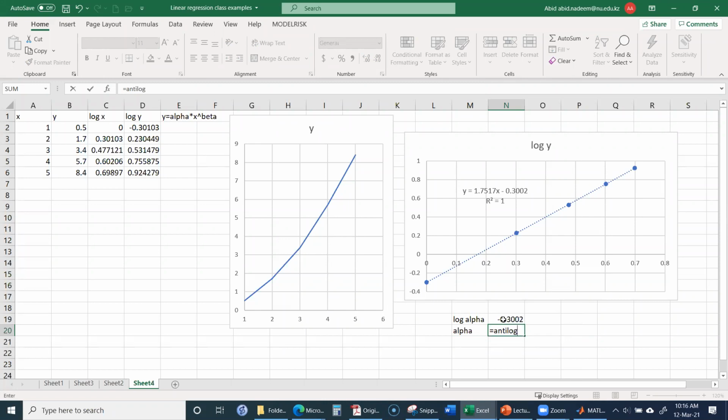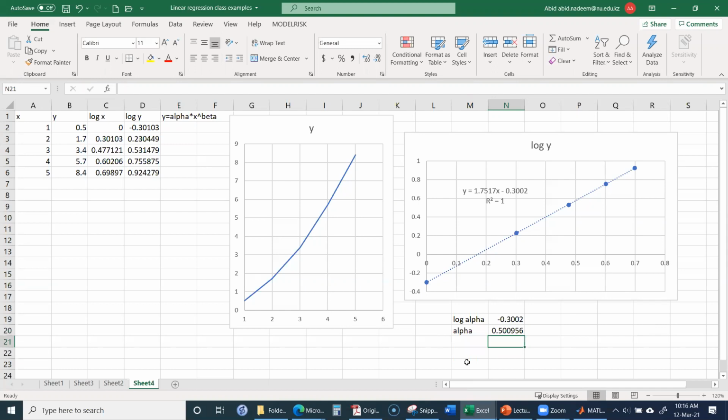Anti-log. So do you know the formula to calculate the anti-log in Excel? Can you just do it like 10 to the power? Okay, so that will be the 10 to the power. Okay, yeah. So yeah, we can simply write it as 10 to the power, okay, 10 to the power minus 0.3. So it will be 0.5.